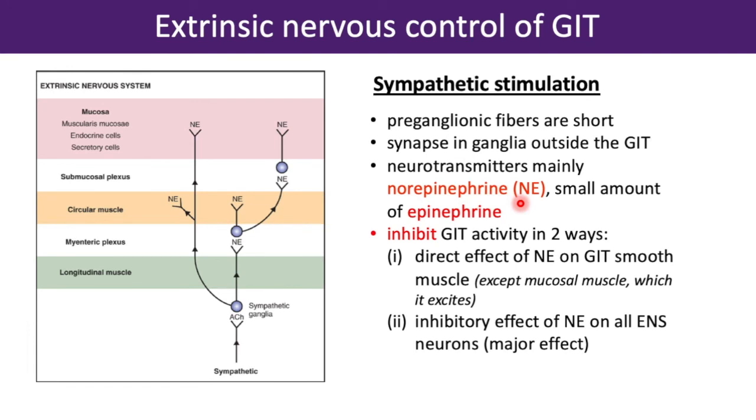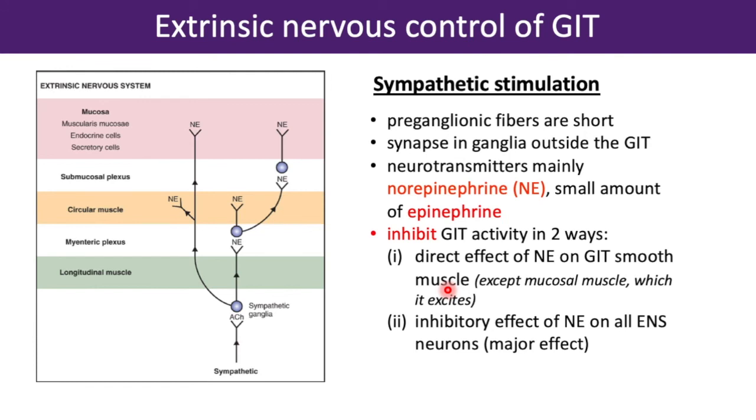Sympathetic stimulation usually inhibits GIT activity, and this is done in two ways: either by the direct effect of norepinephrine on the smooth muscle of the GIT, except mucosal muscle, which it excites. The rest of the smooth muscle in the GIT, sympathetic stimulation will inhibit, but for mucosal muscle, it will excite.